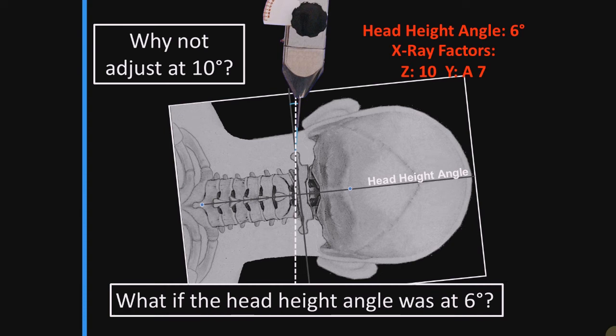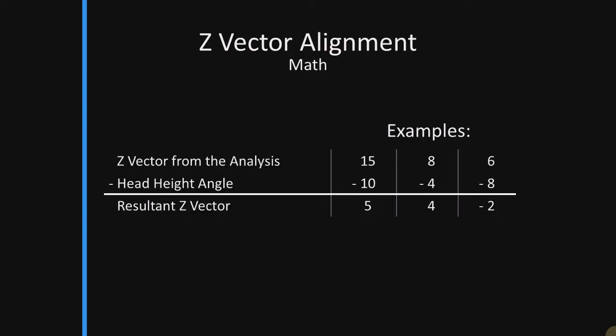Because the patient's side-lying position provided us 6 degrees of our height. With 10 degrees being calculated on the X-rays, we only needed 4 more degrees of height setting in the instrument setting itself. If we had set the instrument to 10 degrees and not measured the head height angle, we would be adjusting the patient at a 16-degree height, which is 6 degrees errored.